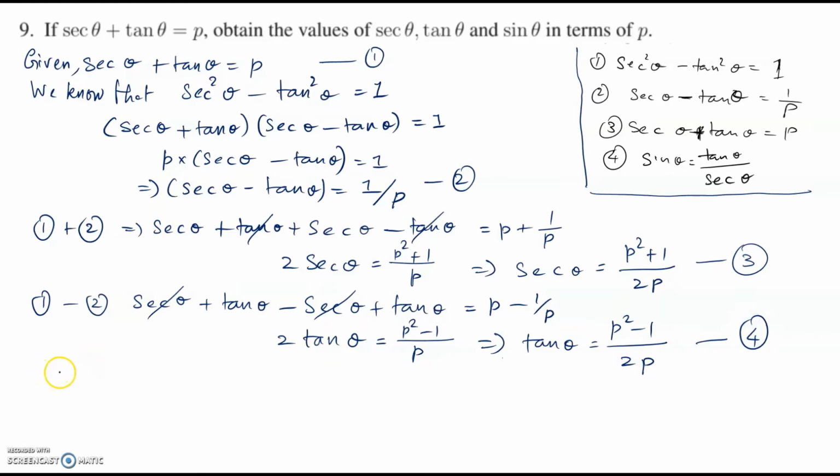Next, we know sin theta is equal to tan theta divided by secant theta.